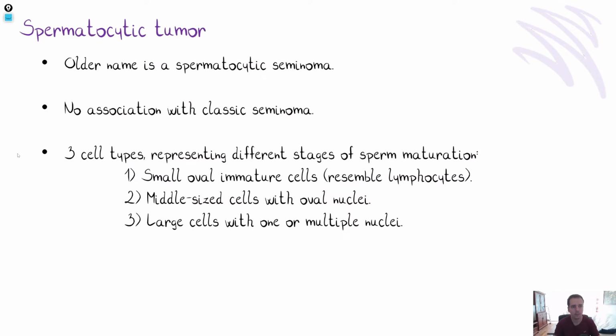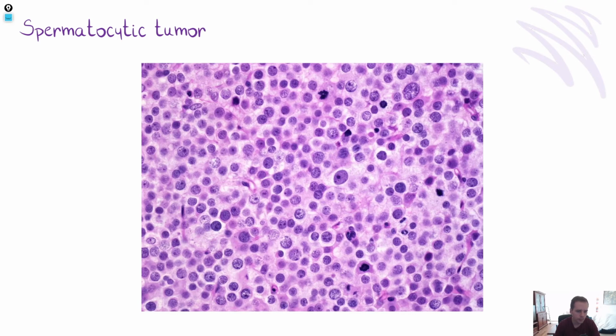And what about that spermatocytic tumor? As I said, it used to be called spermatocytic seminoma, but then we found out that there is no association with classic seminoma, and we call it spermatocytic tumor. It is quite a rare tumor, it is very rare, and the morphologic appearance is different from real seminoma, and it looks like this. Seminoma consists of one cell type, but the spermatocytic tumor consists of 3 cell types.